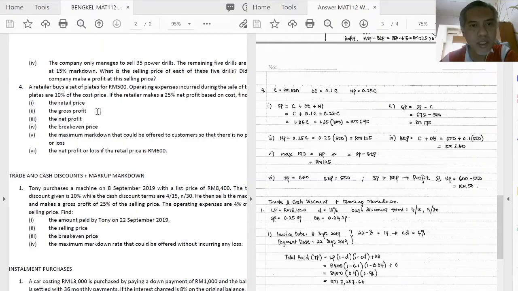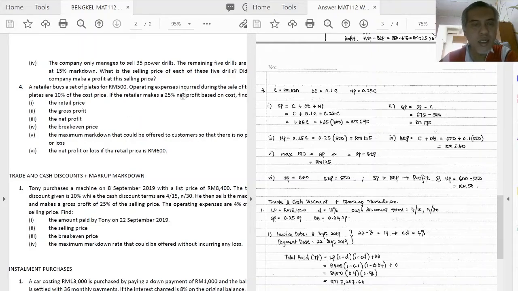If the retailer makes a 25% net profit based on cost, find first the retail price, second the gross profit or the markup, third the net profit, fourth the break-even price, fifth the maximum markdown that could be offered to the customer so that there is no profit or loss, and finally the last one is to calculate the net profit or loss if the retail price is set to be 600 ringgit. Okay, so let's see how we can solve this problem.